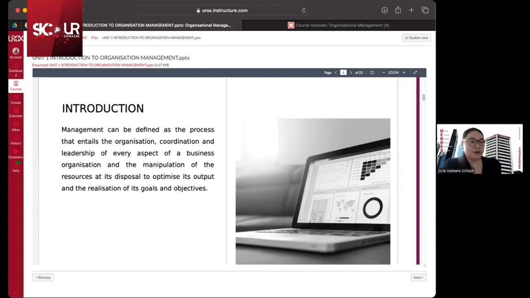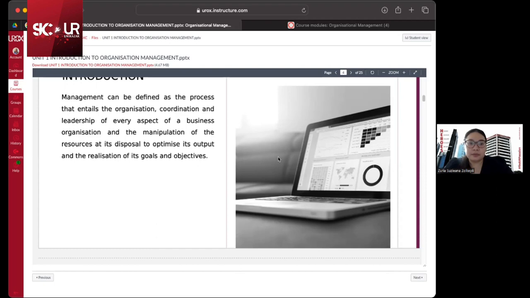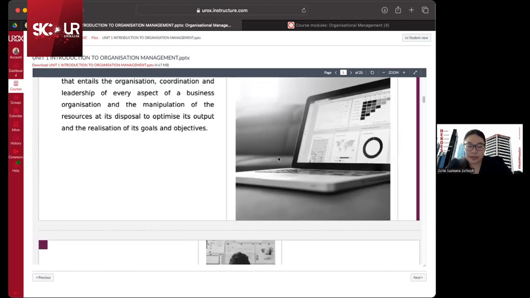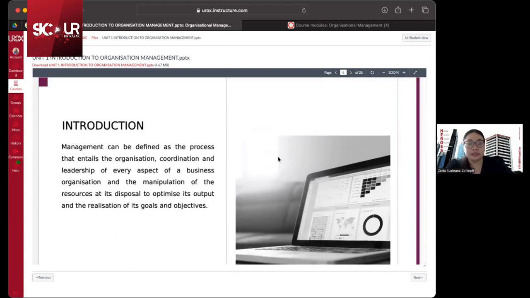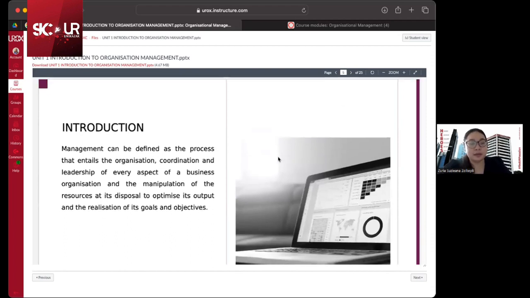And then number 4 is that the aim is actually to serve society. When we talk about organization, please bear in mind that we are not just talking about commercial organizations. Commercial organization maksudnya business, company, corporate. We are also talking about non-profit, government, and academic institutions.